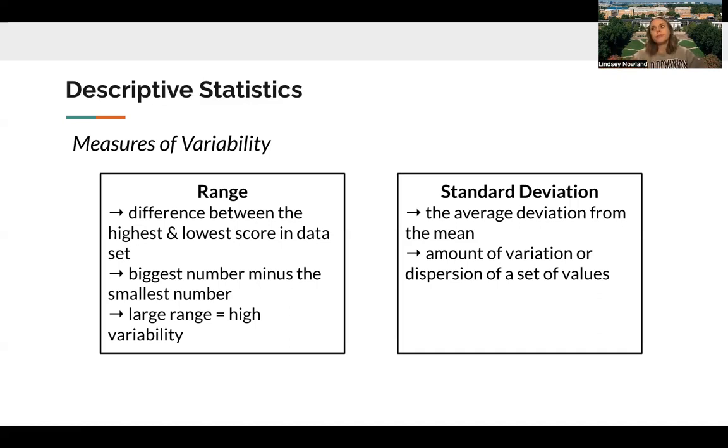So your mean age is 25, and on average, the participants' age varies from 25 by a year and a quarter, or less than a year and a quarter.